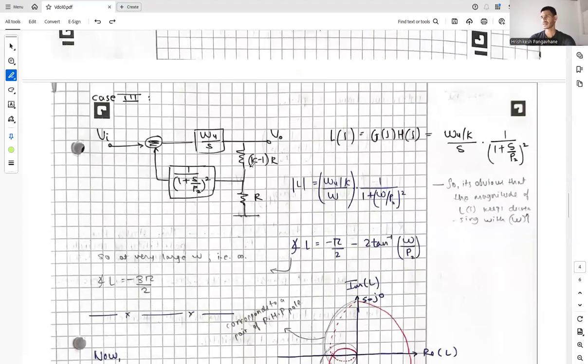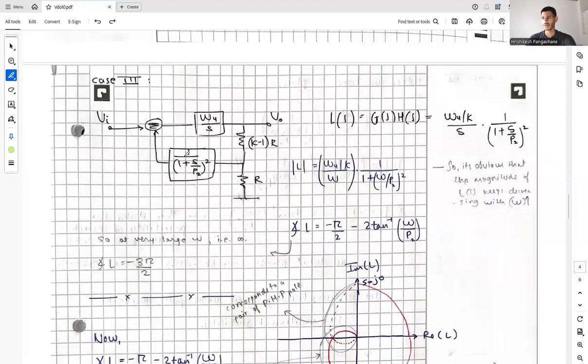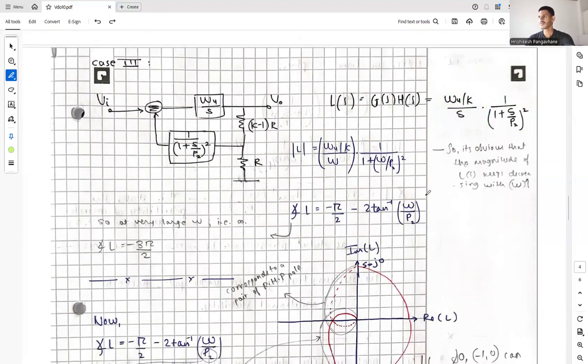In our case number 3, we have got two poles. So let's say two identical poles at P2, and this is how our transfer function will look like: omega u by k divided by s times the transfer function of two poles at P2. So it's obvious that the magnitude of the loop gain keeps decreasing with omega.